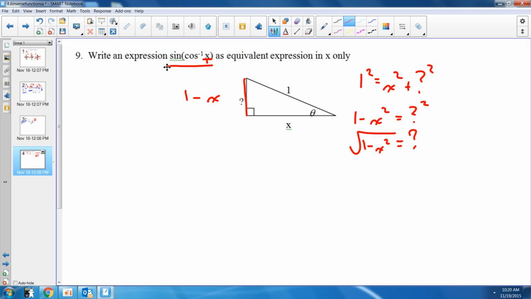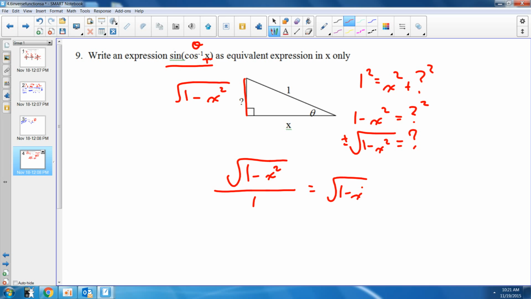It's positive or negative, but because it's a length, it's going to be positive. Now the problem is easy. What is the sine of the angle again? The sine of the angle is that.